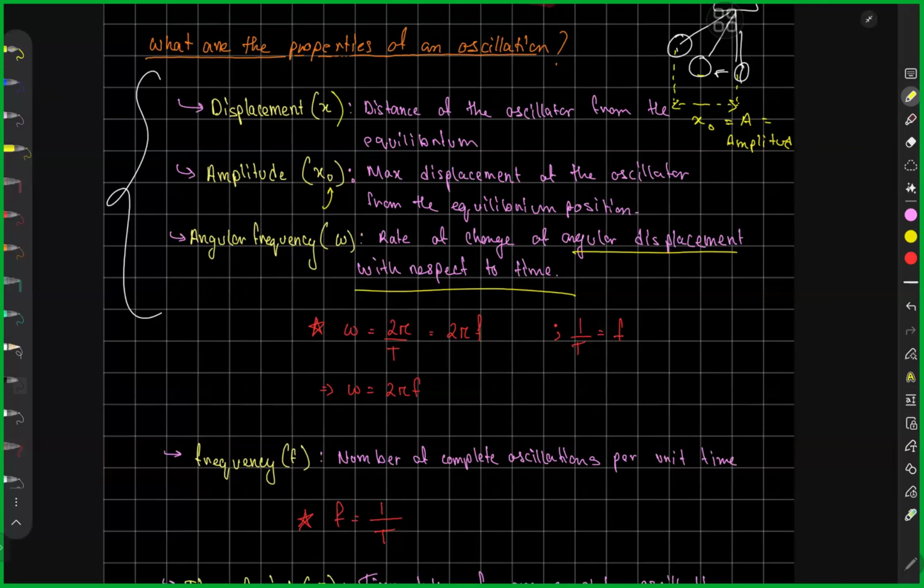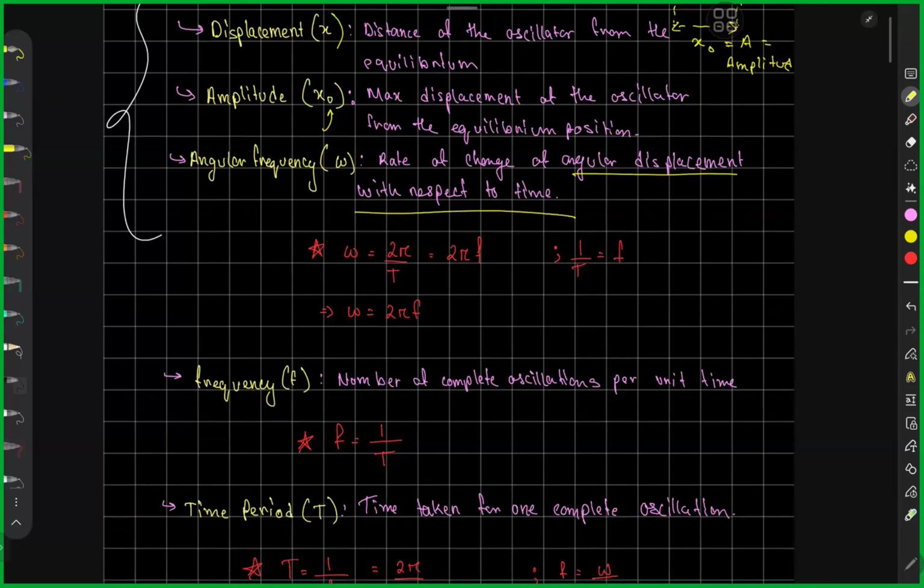It's the same concept over here as well. So you can talk about del theta by del time, which is omega, or you can say, well, I want to know how long it takes for the bob to complete one entire oscillation. That is 2 pi divided by the time period, the time taken for the oscillation.